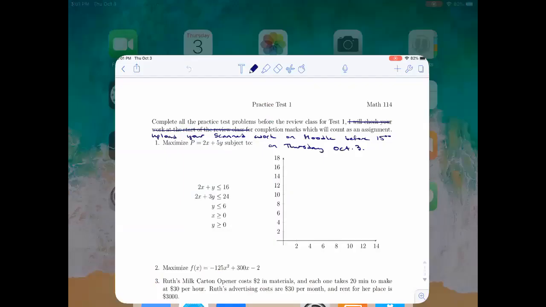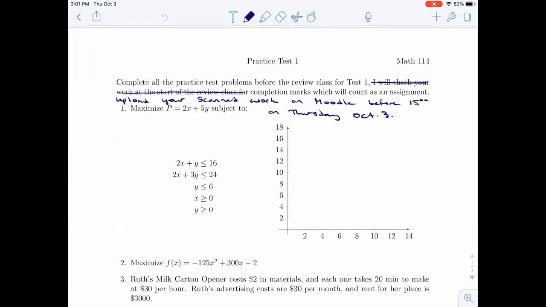Okay. So today we're just going to go through the practice test. Does everyone have a copy of the practice test, or do you need a copy? Anyone else need a copy?